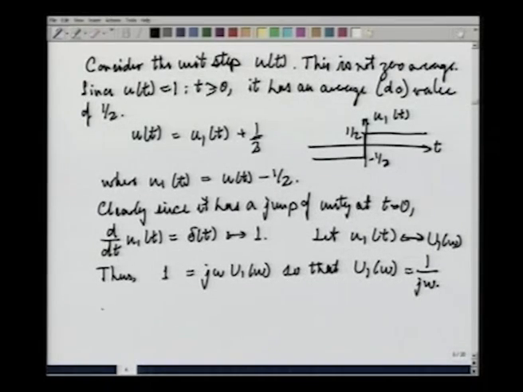Now, u of t equals u1 of t plus half. So, u of omega equals u1 of omega plus the Fourier transform of half, which is 2 pi into half into delta omega, which is just pi delta omega.